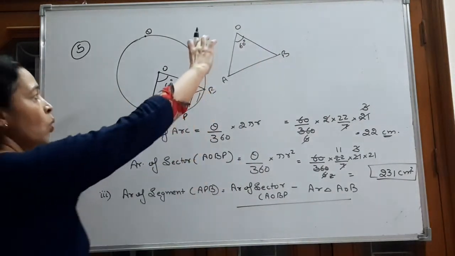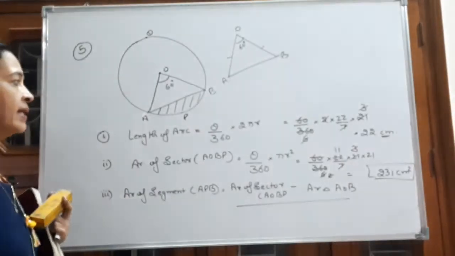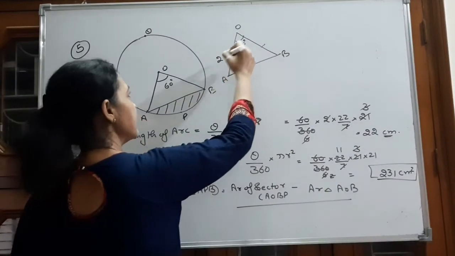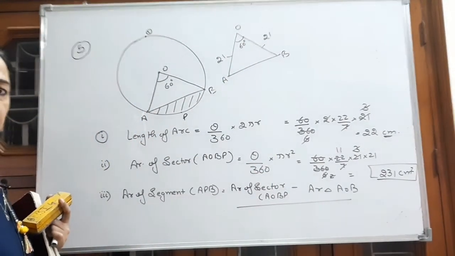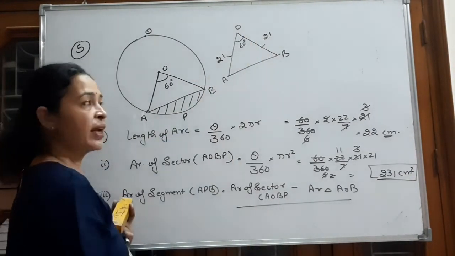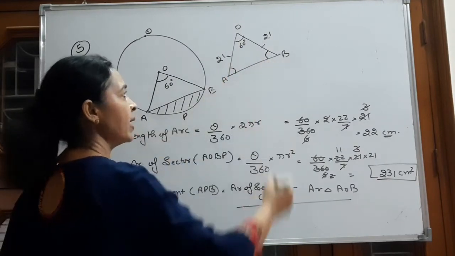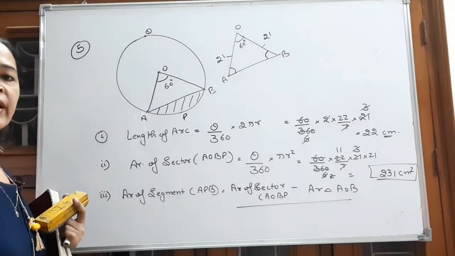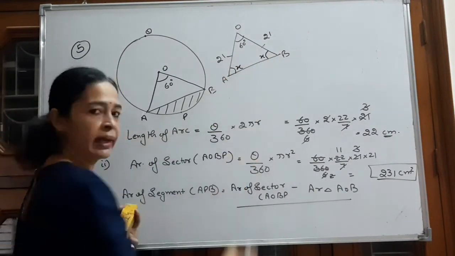Now, OA and OB are radii of the circle and it is given that the radius is 21 centimeters. OA equals OB. Therefore, as per the isosceles triangle property, angle OAB should equal angle OBA. Let it be angle X and this is also angle X.